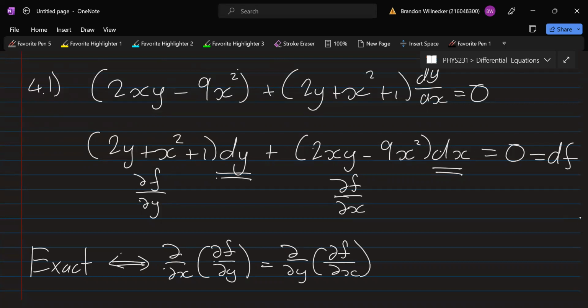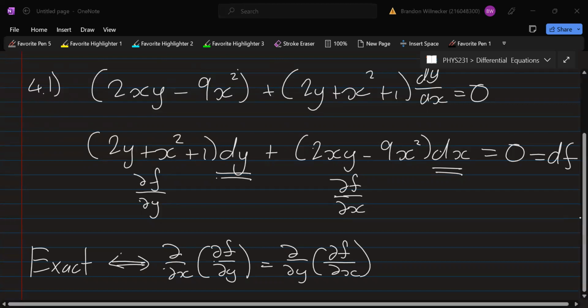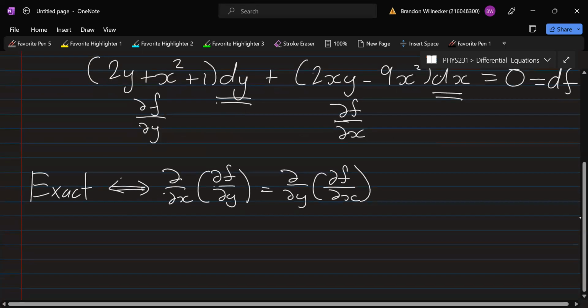So if the mixed derivatives are equal, then we call this exact. We know df by dy is the first part, so we take the x derivative of this y term and the y derivative of the x term, and we check if they're equal.